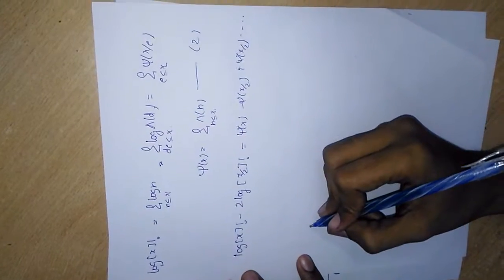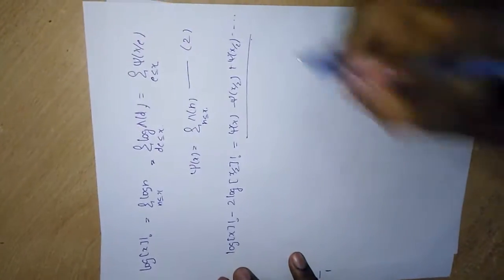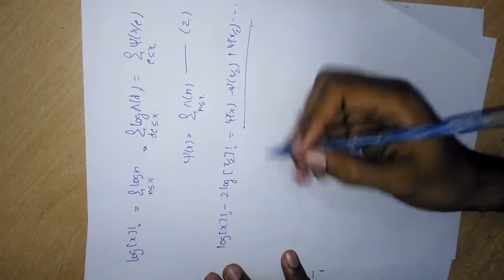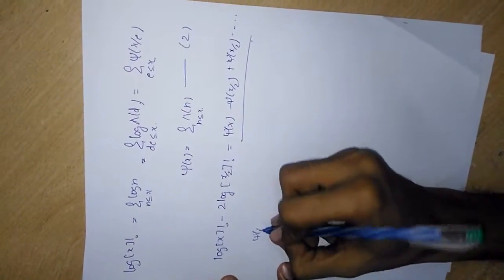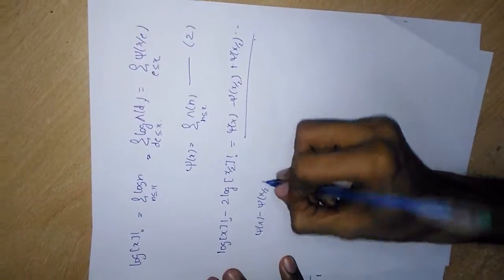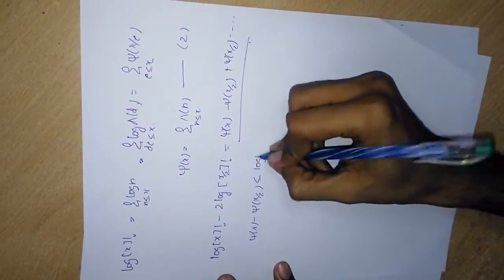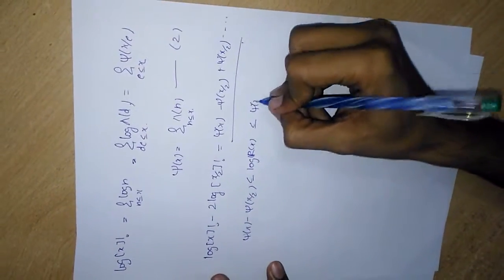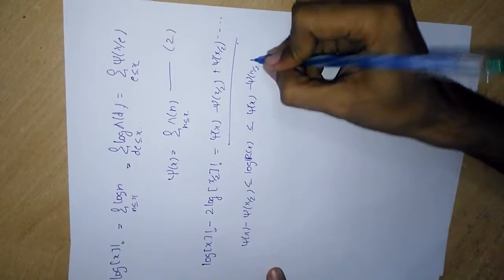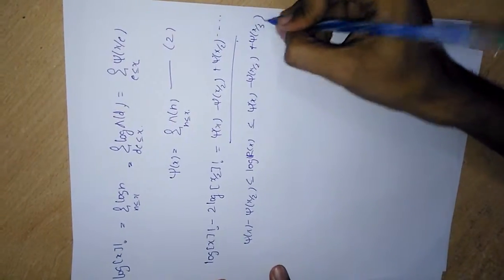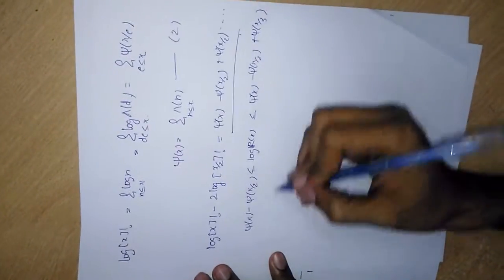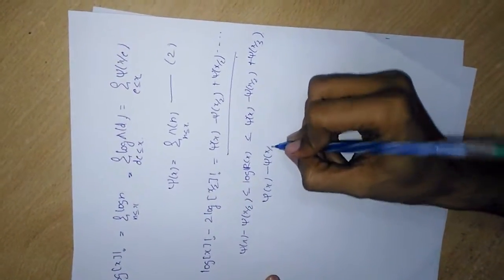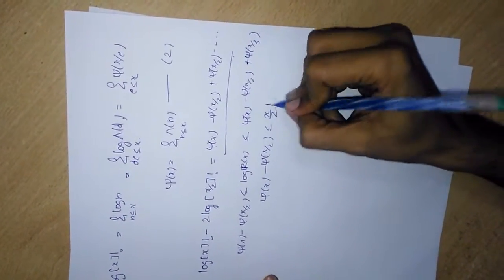Since the right hand side is an alternating sum of a decreasing function, we deduce using the notion of the lemma that psi of x minus psi of x by 2 is less than or equal to log of r of x, which is further less than or equal to psi of x minus psi of x by 2 plus psi of x by 3. This implies by lemma 2 that psi of x minus psi of x by 2 is less than or equal to x by 2 log 6.